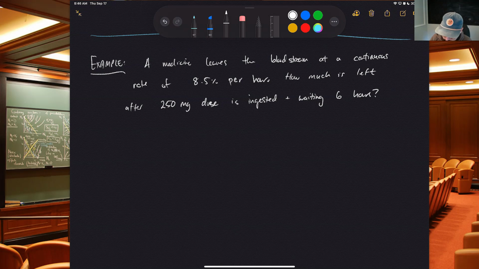So this 250 milligram dose, what does this mean to me? This is the initial dosage, right? That initial starting amount.